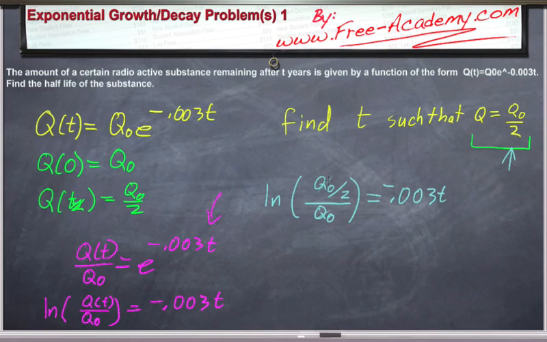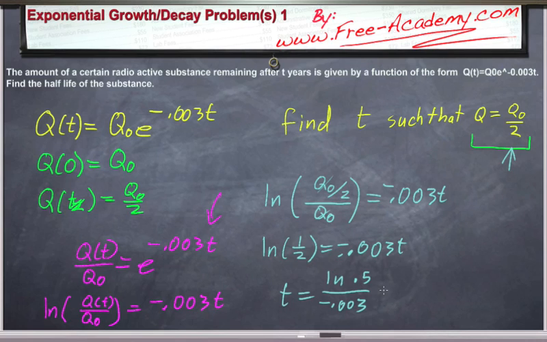Well, the q naughts clearly cancel, and we have 1/2 divided by 1, so the natural logarithm of 1/2 is equal to negative 0.003 t, and then we can solve for t. t equals ln of 0.5 divided by negative 0.003.